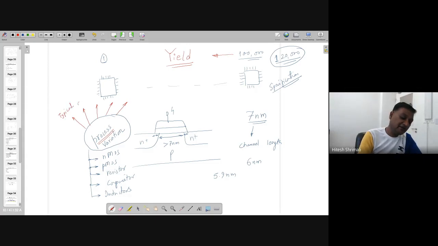Second one is slow. Let's assume that NMOS started acting slow. Slow means its threshold voltage is too high. VT is very high when it's slow. When it's fast, VT is pretty low.